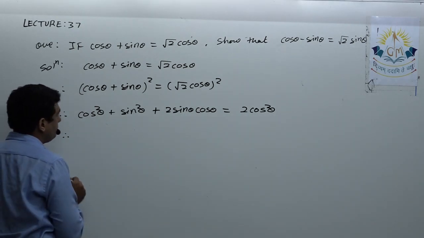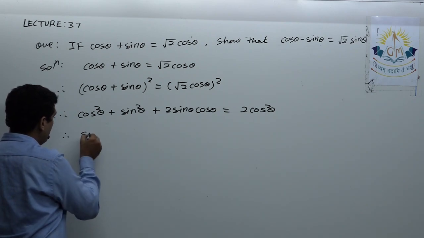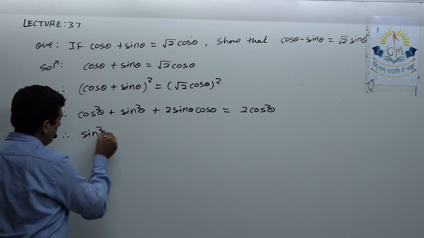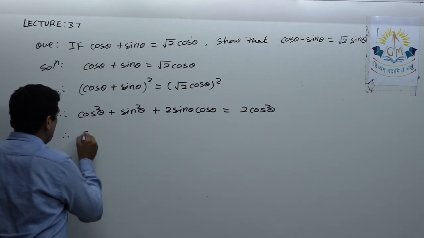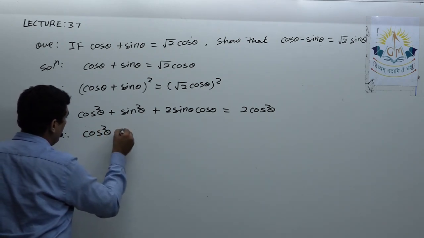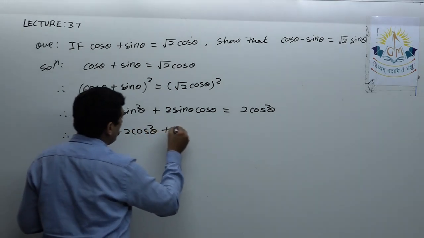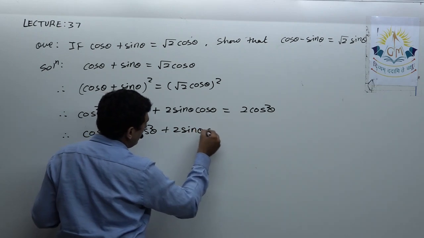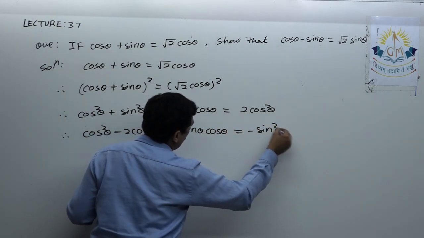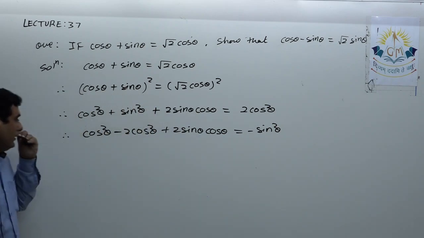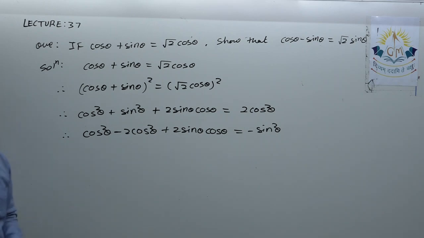Okay, so now further, cos square theta minus 2 cos square theta plus 2 sin theta cos theta is equal to minus sin square theta. What I did is I took this sin square theta on that side.